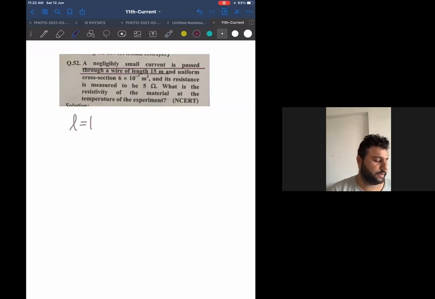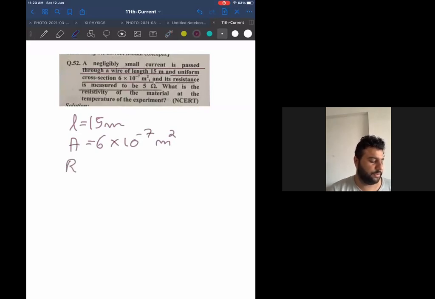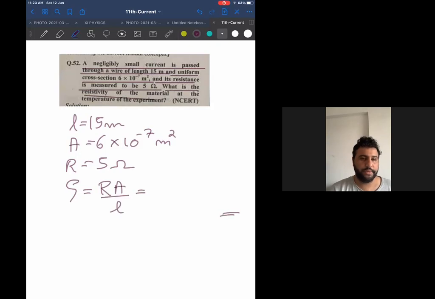Therefore, length is equal to 15 meter, and uniform cross section of area is 6 into 10 power minus 7 meter square, and its resistance is measured to be 5 ohm. What is the resistivity that they have asked? Now I know the formula for resistivity is RA by L. Substitute the values and get the answer.